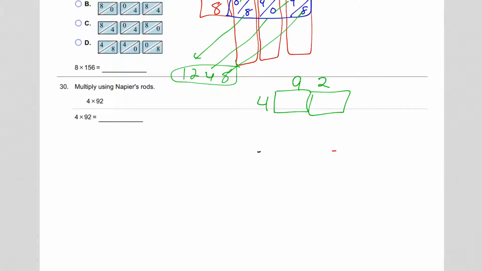But I would just do the lattice way. So the lattice way would be 92. Here's your 4 here, so that's going to be 8 and 36. So the answer is going to be 8, 6, and 3. All right.